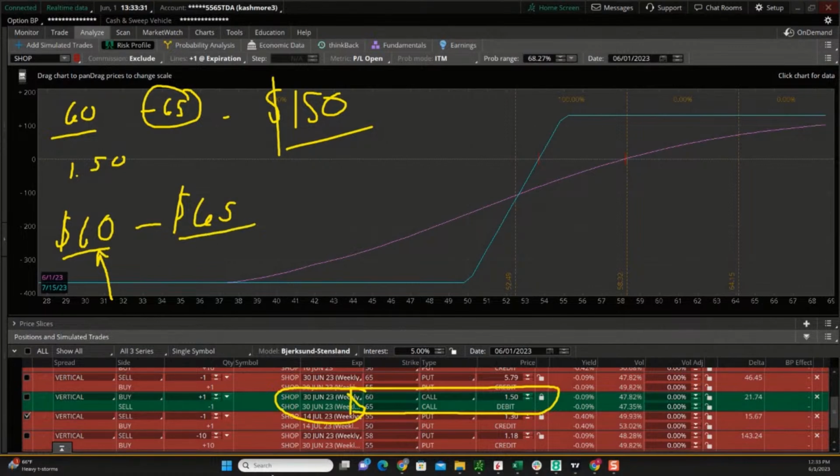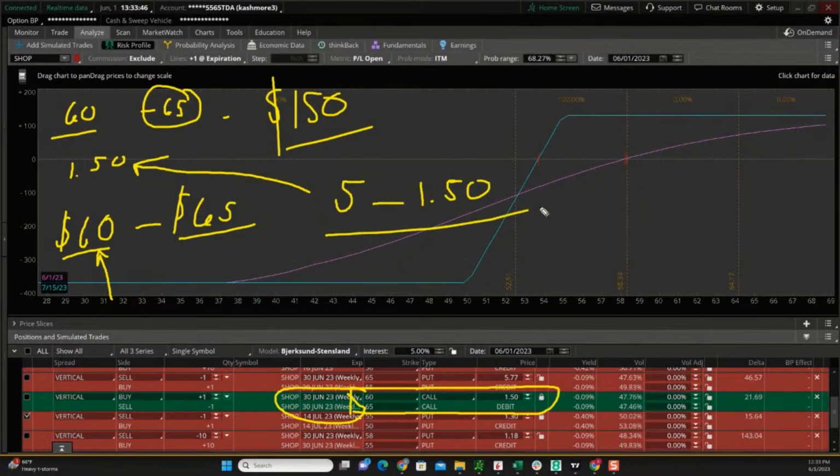But you're not going to make a $5 profit, because you got that $5 wide spread, and it cost you $1.50 to place this trade. So you're going to get your $5 minus your $1.50 to place the trade. Therefore, your profit is still going to be $3.50. So that's what's going to happen if it goes all the way through your short strike. You're going to be assigned at 60 and closed at 65, and you won't even know what happened.